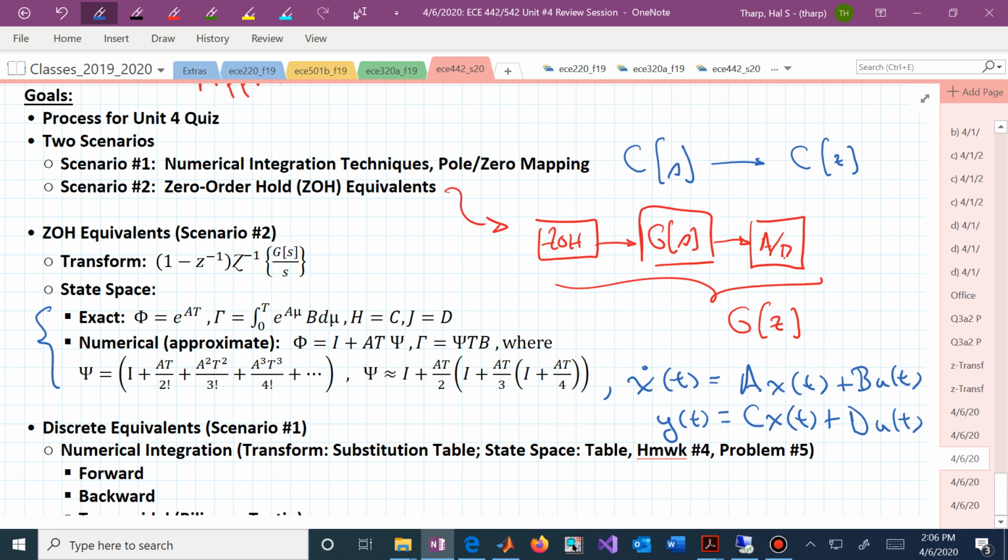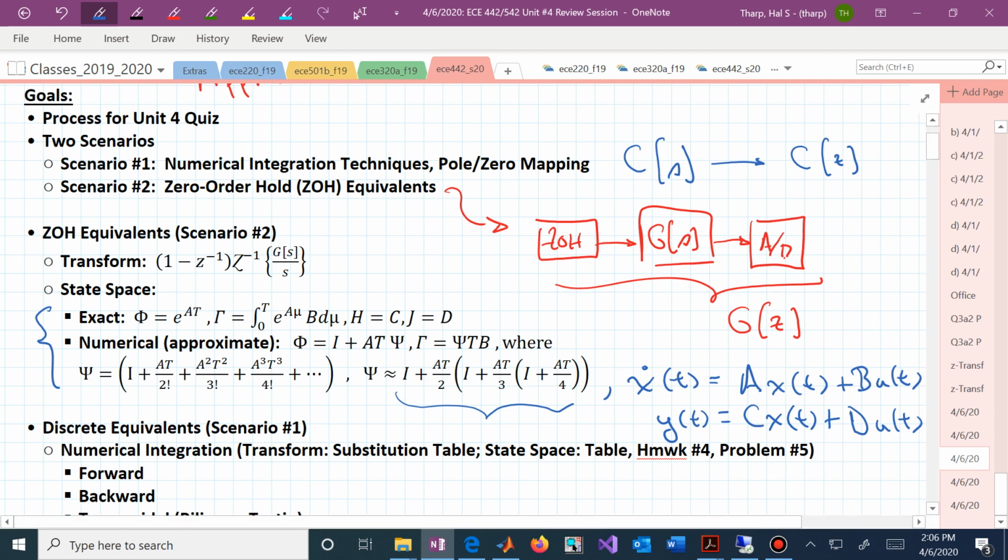The numerical approximation is probably what you would do in practice, and instead of doing this infinite series expansion where we're now raising A to higher and higher powers, you can show that that's equivalent when you cut this off at a fixed power. Let's say we went out to A to the 4th.